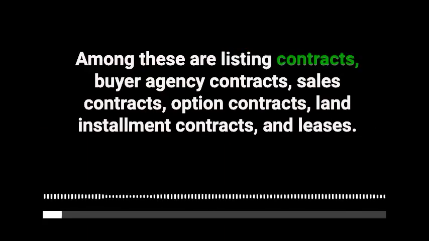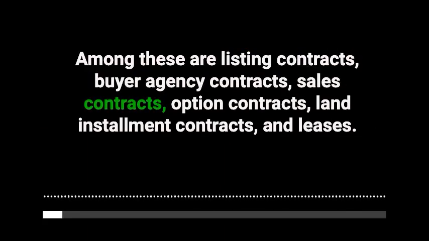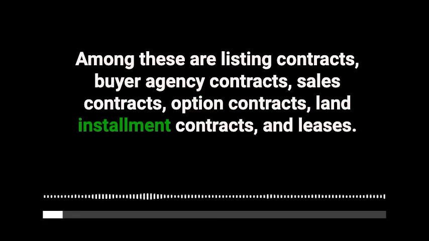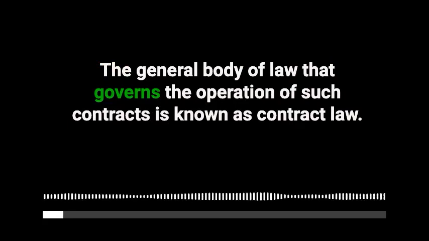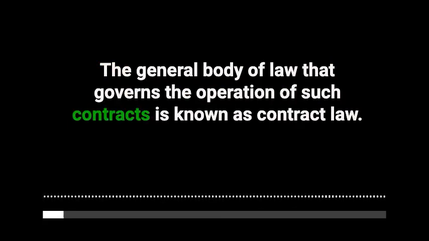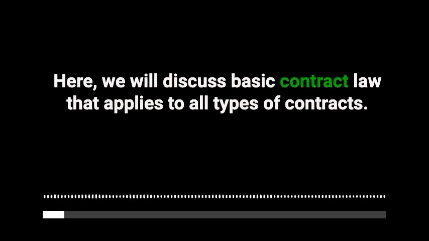Among these are listing contracts, buyer agency contracts, sales contracts, option contracts, land installment contracts, and leases. The general body of law that governs the operation of such contracts is known as contract law. Here we will discuss basic contract law that applies to all types of contracts.